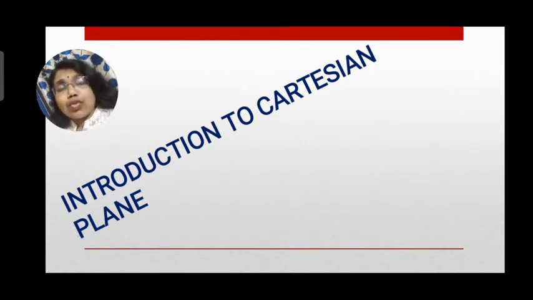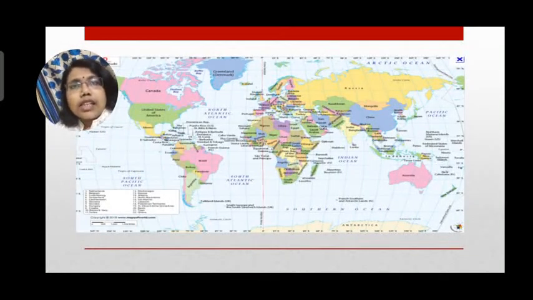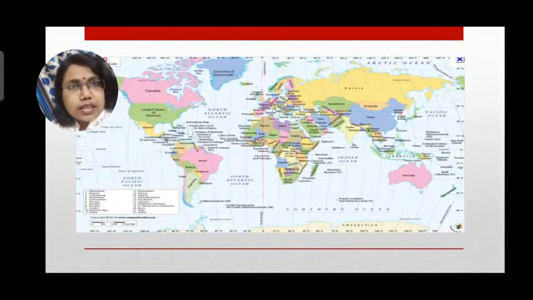And since it was discovered by a French mathematician called René Descartes, we see the name Cartesian plane given to it. Now the Cartesian plane can be used in finding a point anywhere on the planet using longitude and latitude as shown in the map.